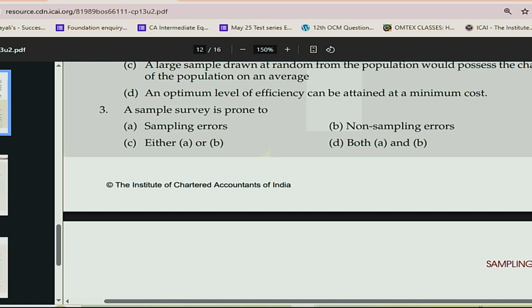That is prone. So this is bad, right? Error is bad. So a sample survey is prone to? So both A and B. Option D, correct.